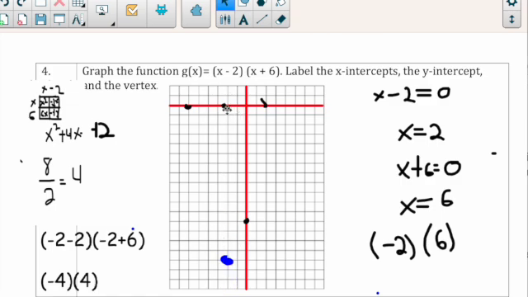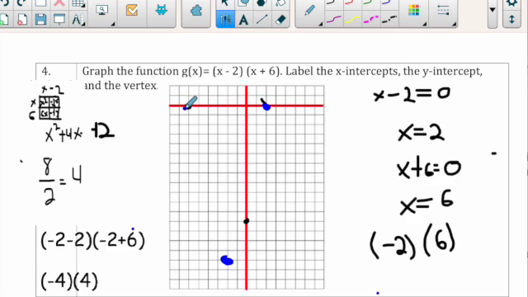Alright, I don't need this anymore. And now you want to draw your parabola. So you know that you are going to have a line that's going through. I used the dotted one by accident, but it came out better than the non-dotted one, but I'm going to use the solid line.